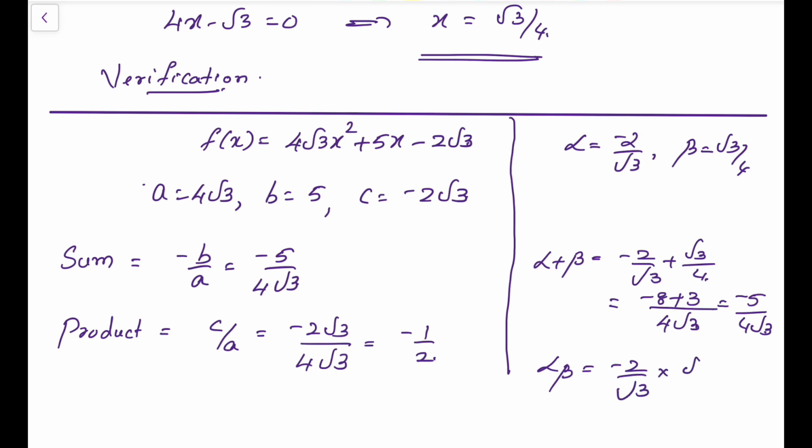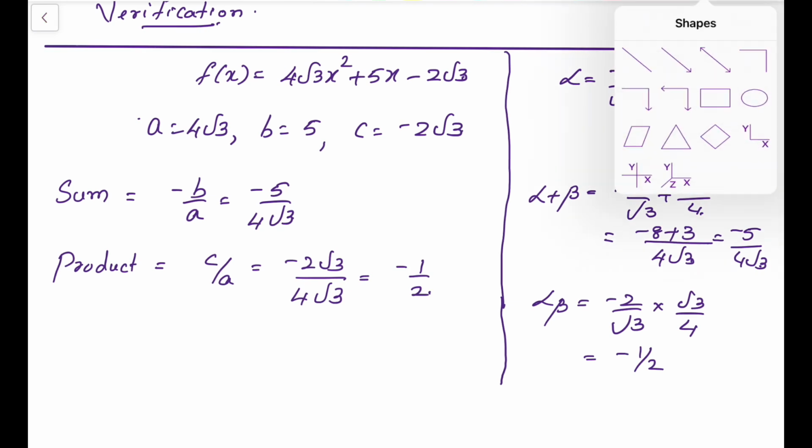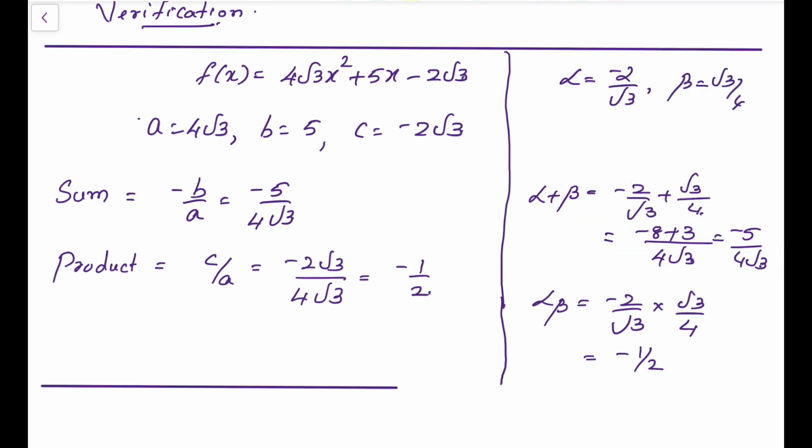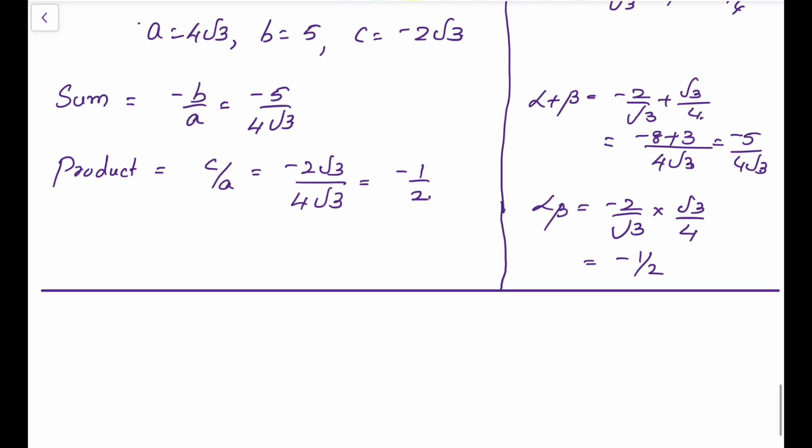Now alpha beta is equal to minus 2 by root 3 into root 3 by 4. Root 3 cancel is equal to minus 1 by 2. Hence verified.